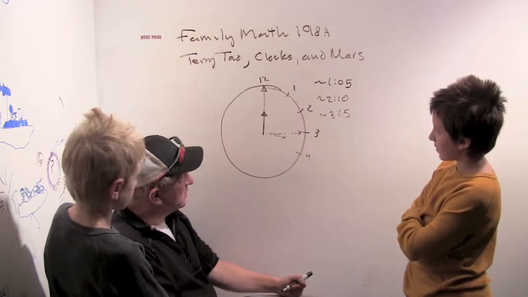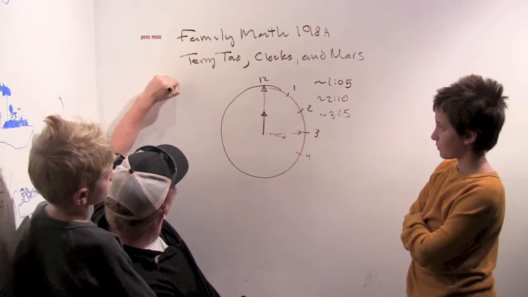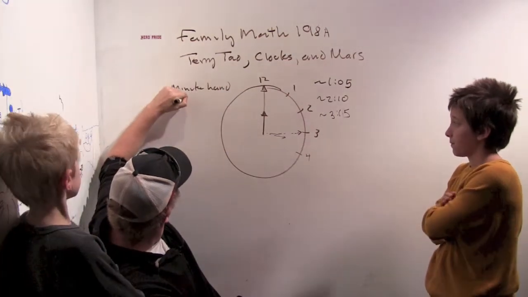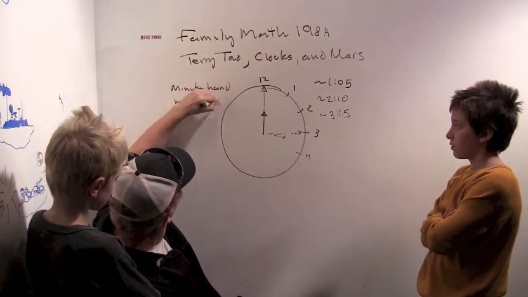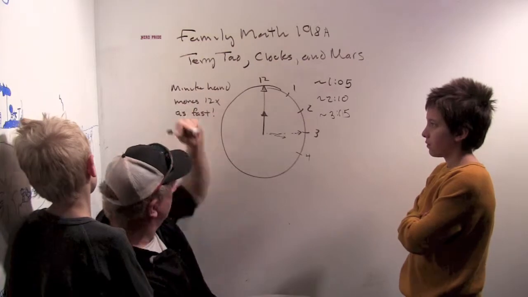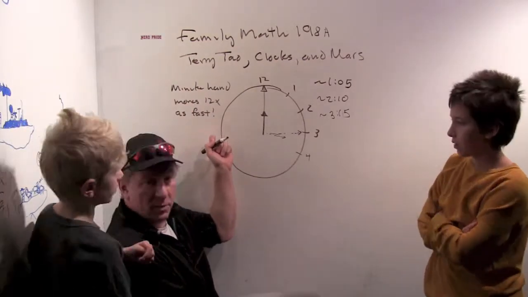What is it? The minute hand moves 12 times as fast. Let's go to a second movie and explore this.